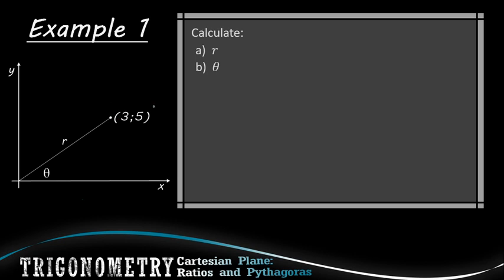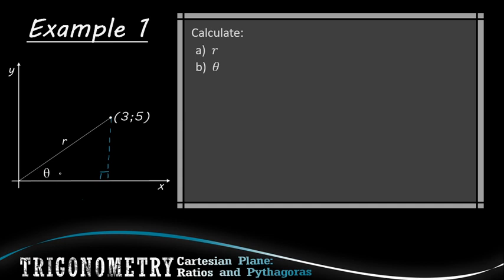Since we are working with trig, we want a triangle that we can work in. So we are going to draw a construction line from the point down to the x-axis. We always draw the construction line to the x-axis.